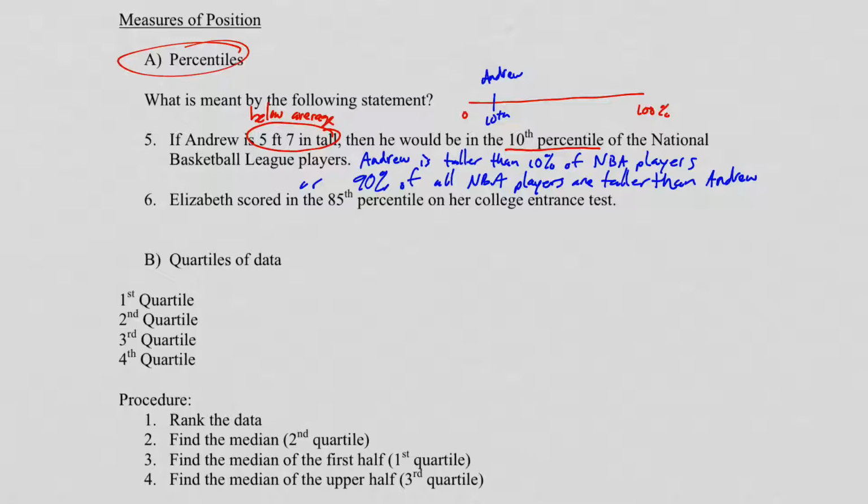Here's another example. Elizabeth scored in the 85th percentile on her college entrance test. And all that's just saying is that she scored better than 85% of those who took the same test, okay?